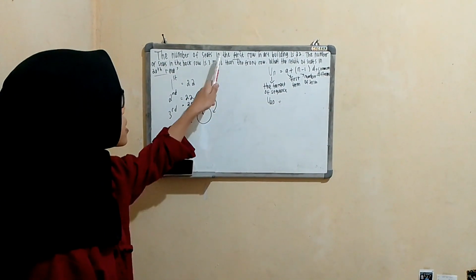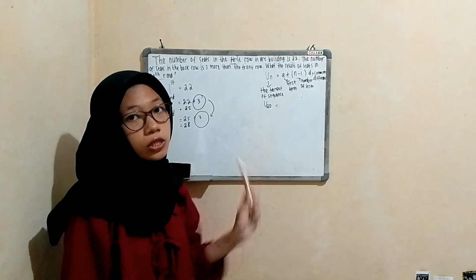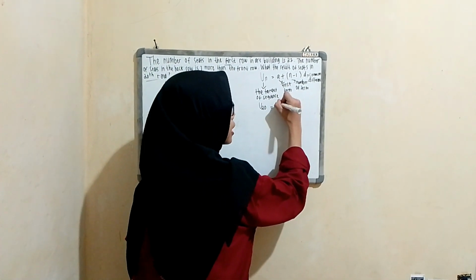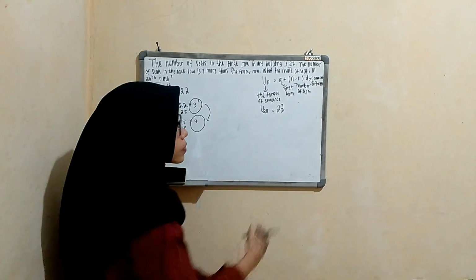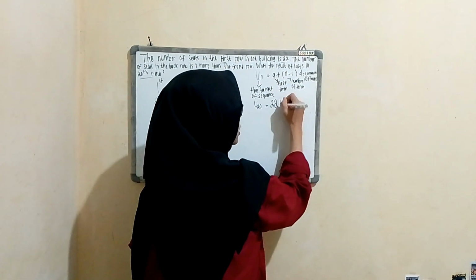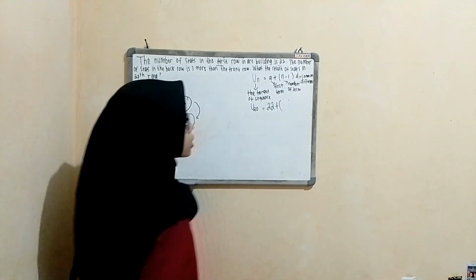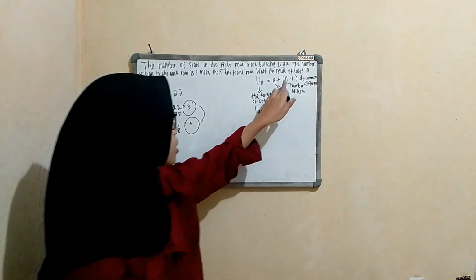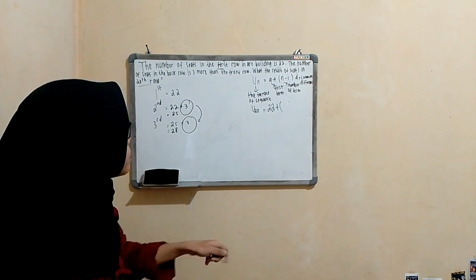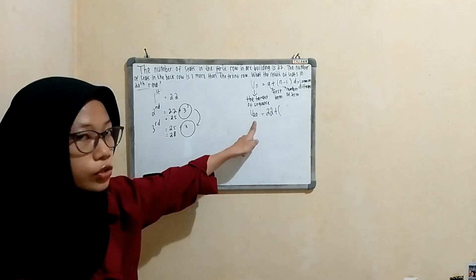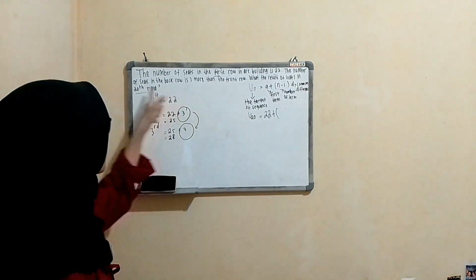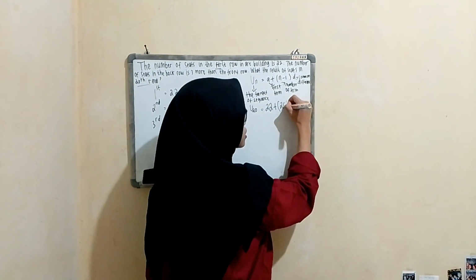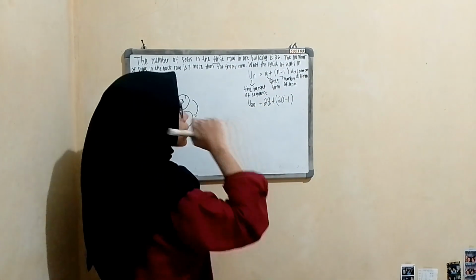We know that the first row in our building is 22, so the first term we can substitute as 22, right? It's added by the parenthesis of n minus 1. n is the number of terms. The number of terms is 20 because we should find the 20th row, so 20 minus 1, multiplied by d.